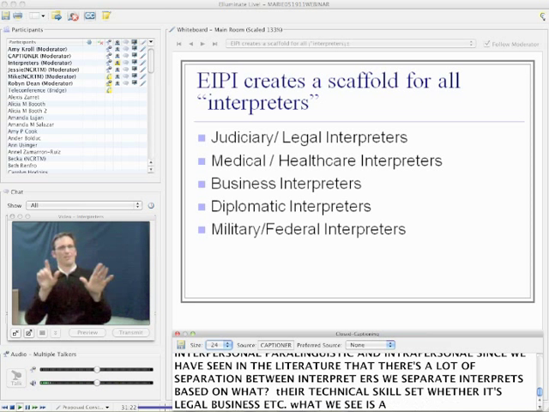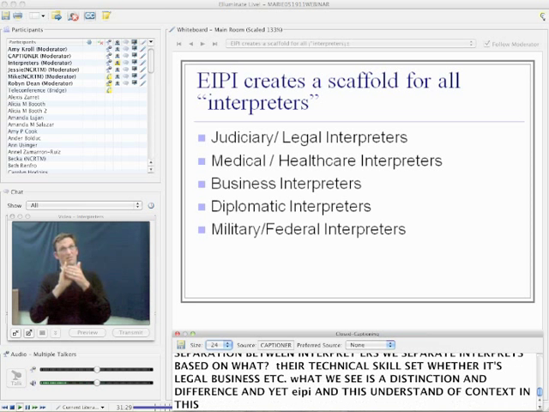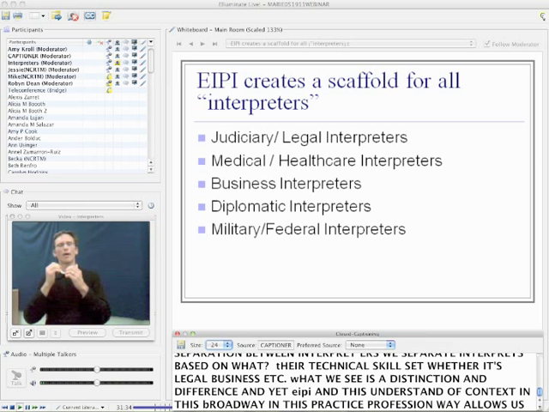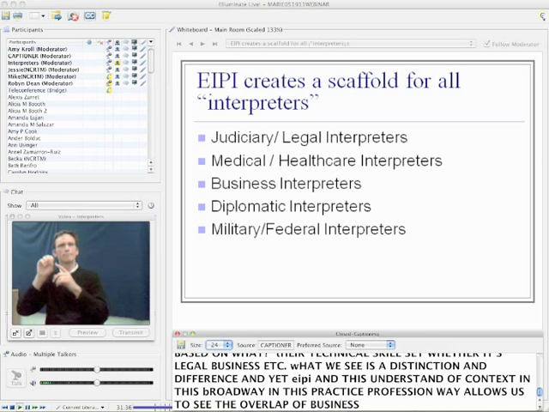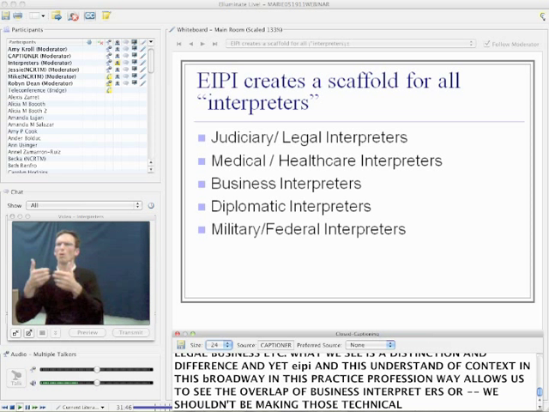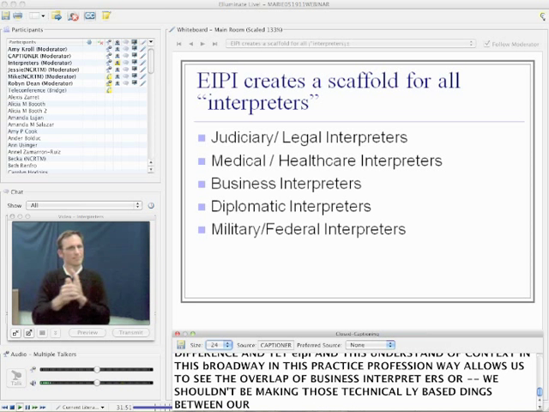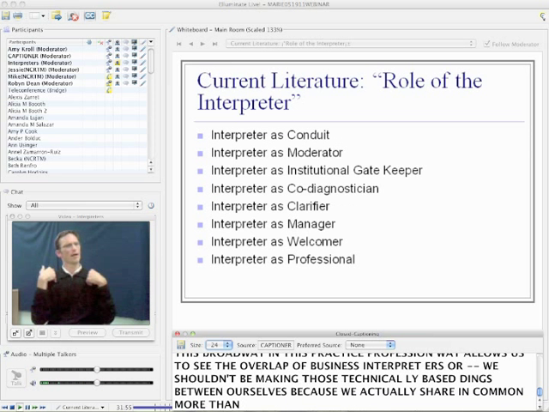And yet EIPI, or this understanding of context in this broad way, in this practice profession way, actually allows us to see the overlap of business interpreters with legal interpreters, or medical interpreters with educational interpreters, etc. We shouldn't be making those technically based distinctions between ourselves, because we actually share in common more than what these constructs would communicate.